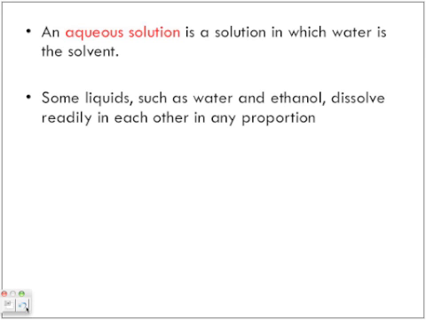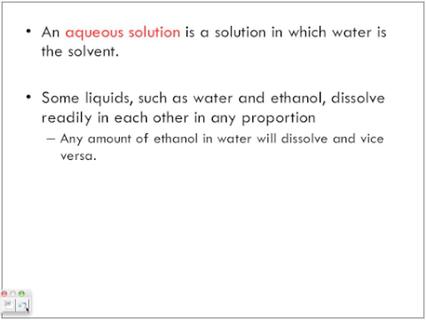What's going to be at the bottom of my mug? That mug is going to have almost like a syrupy feel to it, because of all the sugar that wasn't able to dissolve, because that coffee was only able to dissolve a certain amount of sugar. The minute I go beyond the amount that I can dissolve, it won't be able to dissolve it. But regardless of the amounts that you use of ethanol and water, they will still dissolve within one another, regardless of any amount.